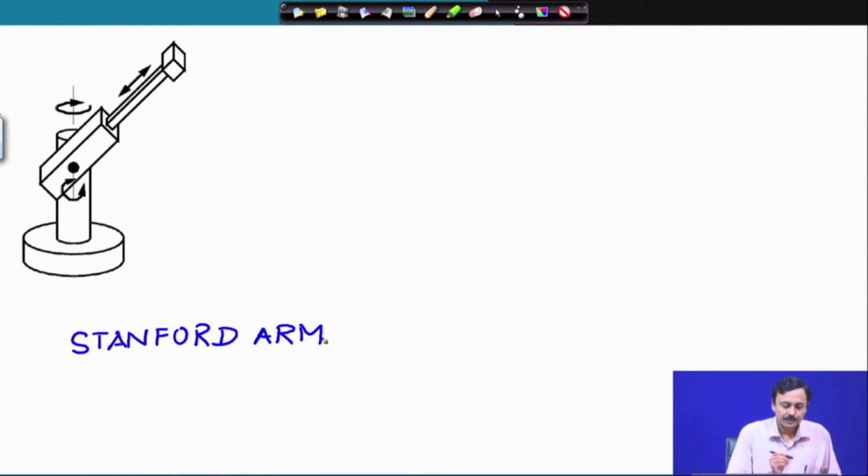Now, this is a spatial mechanism, as you can see. Let me fix this as ground. With respect to this ground, this cylindrical member can rotate as has been shown. So, ground is 1, this cylindrical member is 2, this is 3 and the slider is 4.